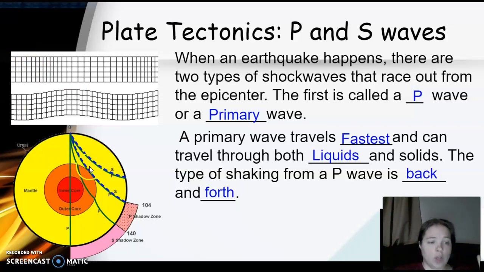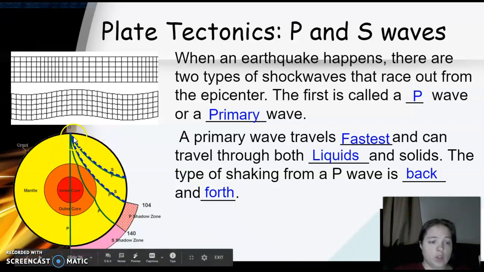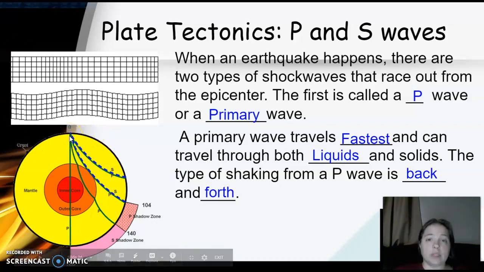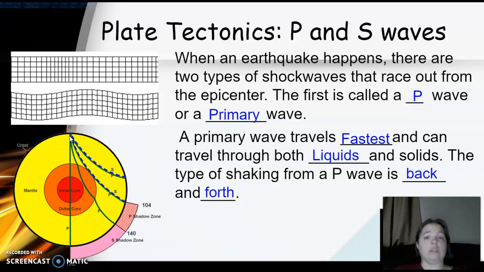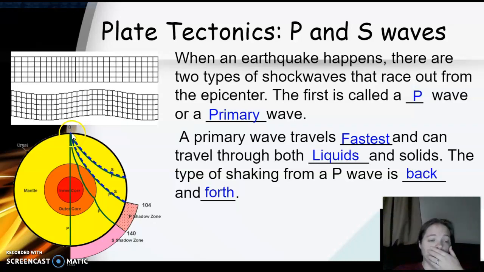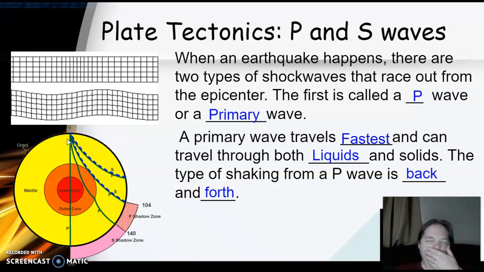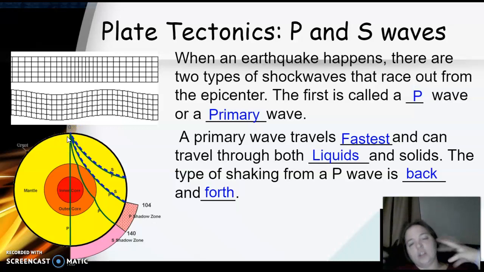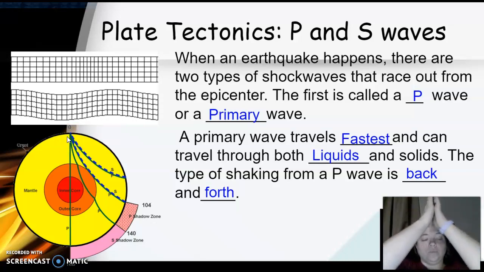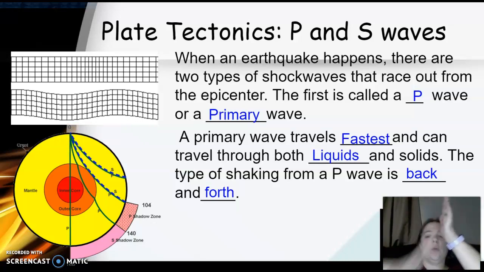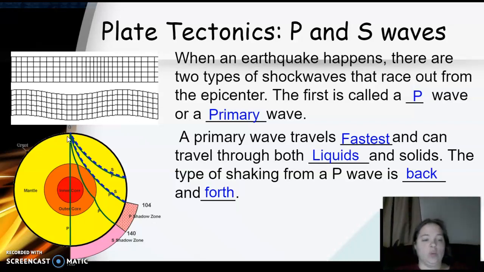And right here, I wanted to show you this. So a P wave can travel through liquids and solids. Remember, the outer core is liquid, and everything else is considered solid. So looking here, because the Earth is round, the waves can curve.